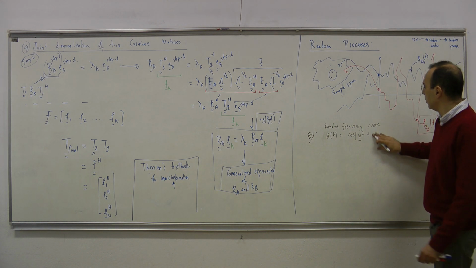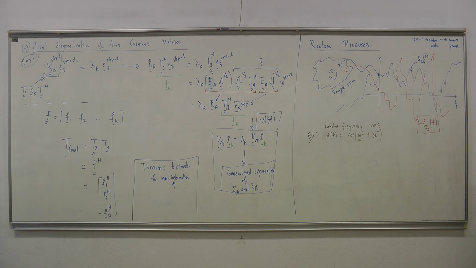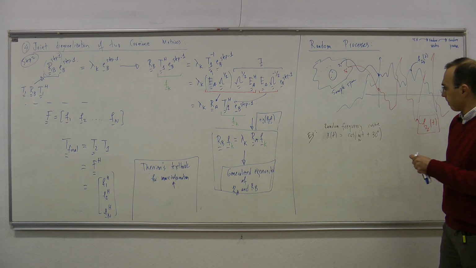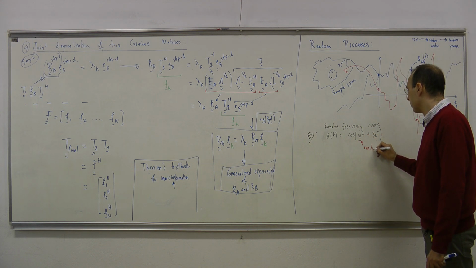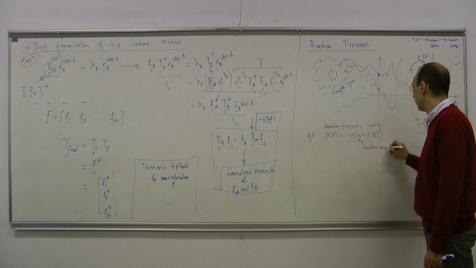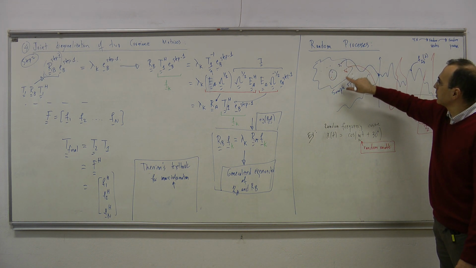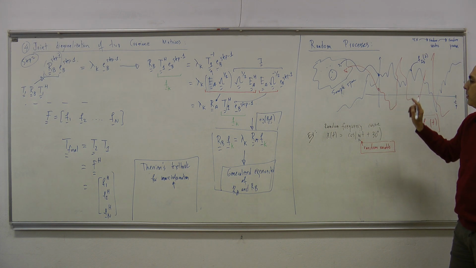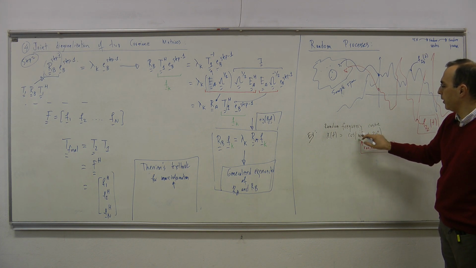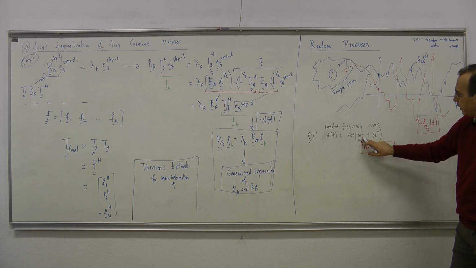Or let me fix this, not to confuse, plus theta, 30 degrees. So what's going on? Now this omega is my random variable. The construction is this: from the sample space, a frequency is somehow selected. Maybe 100 Hz. Then this becomes 2 pi times 100. Am I right? So a random frequency is there.